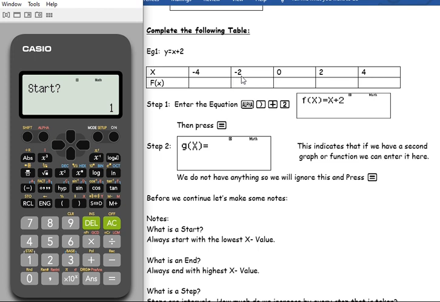I have gone 2 steps from minus 4 to minus 2. From minus 2 to 0, I have taken 2 steps. From 0 to 2, I have taken another 2 steps. And from 2 to 4, a further 2. So every single time I have an interval that I am increasing up by, I am taking 2 steps. Let's go on and continue with our calculator sequence.